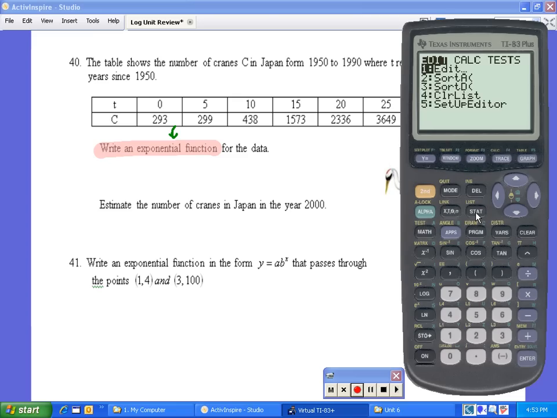So you're going to go to your stat edit. Put the numbers from the table into your stat edit.